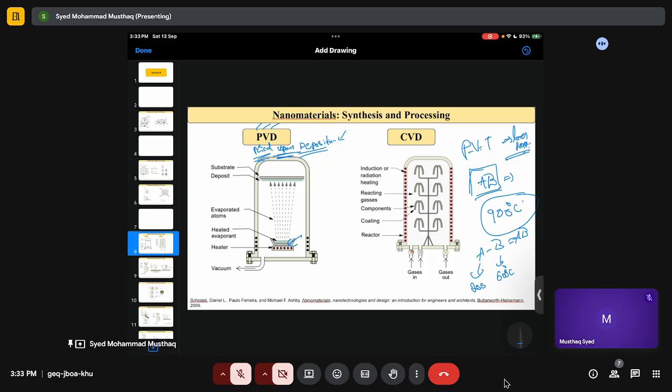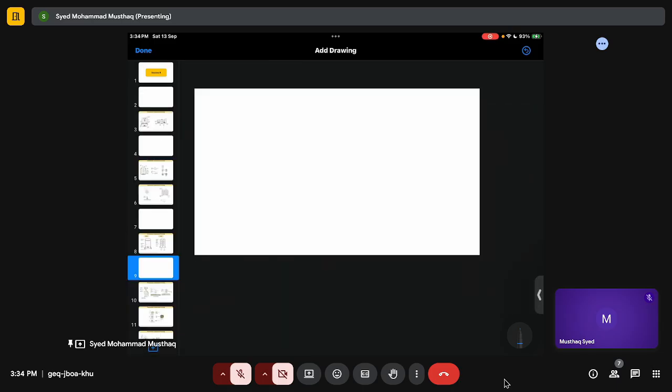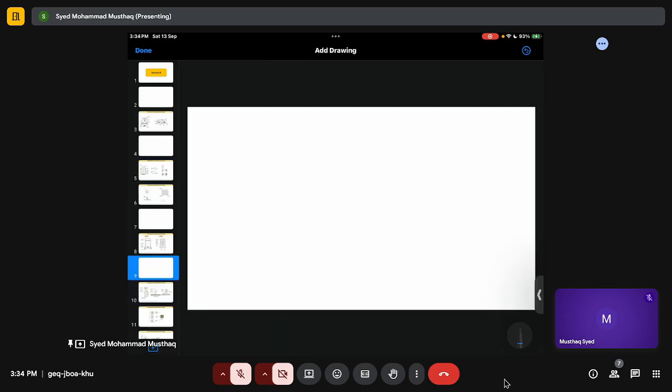And coatings from these PVD and CVD, again you get 2D coatings, two-dimensional nanomaterials. From PVD and CVD you get two-dimensional nanomaterials. You might even get one-dimensional, and I will explain how that forms in CVD. So let's say you have a substrate. This is my substrate, and then you have a catalyst sitting on the substrate.